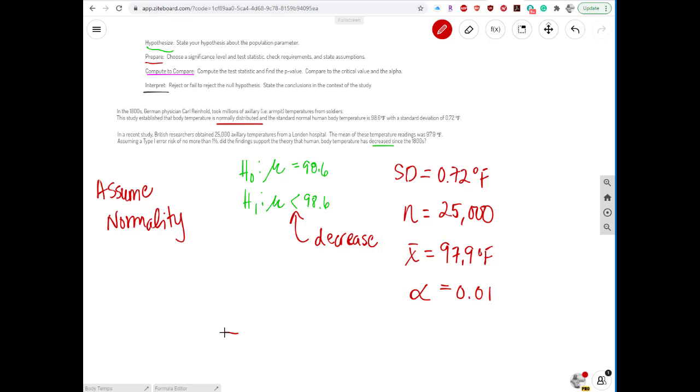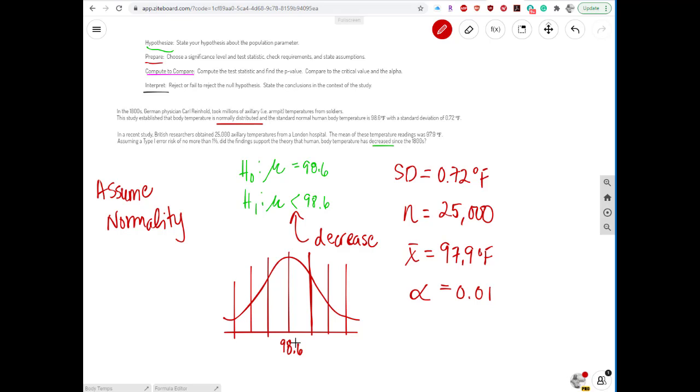So if we're looking at a normal curve, and our mean right here is going to be 98.6, and we want to know if there has been a decrease from 98.6, we're going to be looking over here at the left tail, because that's where we're going to expect to see a lower number, right? So I need a left one-tailed z-test.